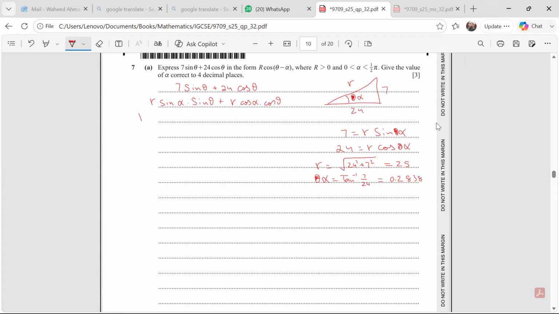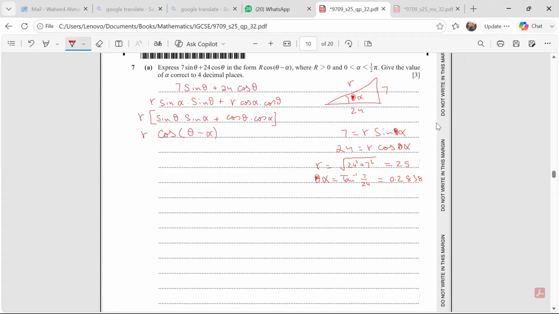And if I take r common outside, inside I have sine theta sine alpha plus cos theta cos alpha. And remember the formula, this will be cosine of theta minus alpha, right?